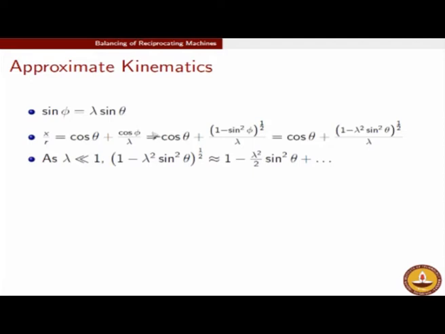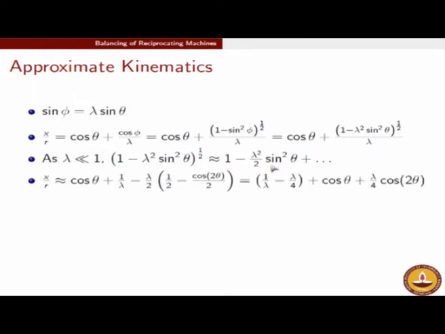In practical situations this value lambda turns out to be very small, of the order of 1 by 3 or 1 by 4, and therefore whenever we see lambda we can invoke this assumption that lambda is small. As a result we get a binomial expansion possible, and in this binomial expansion we choose to keep only terms of the order of lambda square, and then we will get the kinematics appropriately reduced.